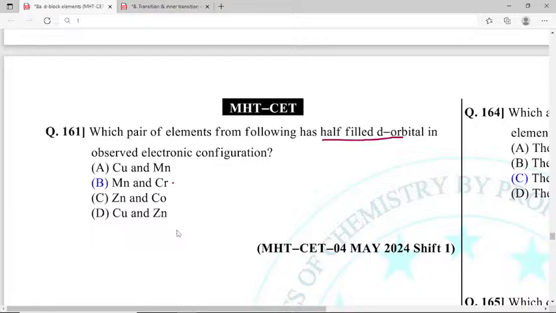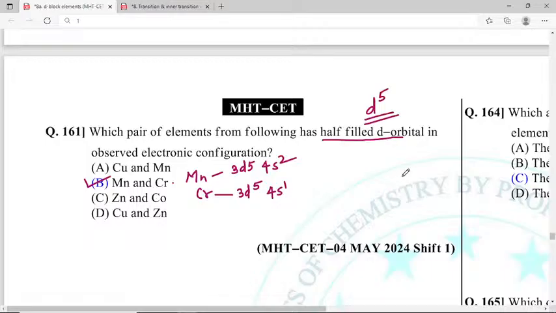Manganese is 3d5 4s2, and Cr is 3d5 4s1. So manganese and chromium. Half filled stands for d5, so manganese and chromium.